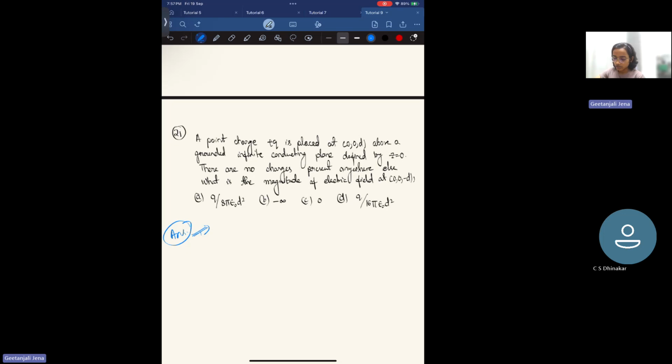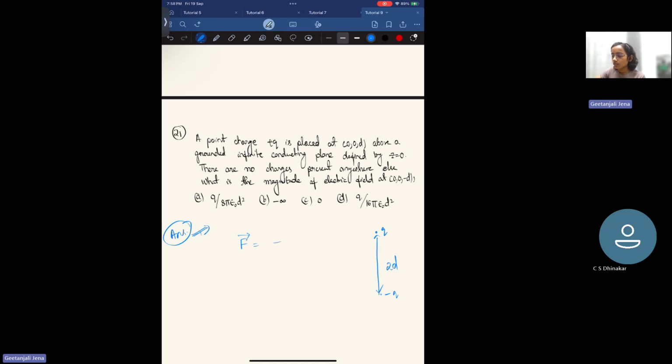So let us check. To find out the electric field, one thing you can do is find out the potential, then take the derivative of it. The other thing you can do is, if you know the force, then finding out the electric field is quite easy. So for this configuration, there will be one image charge, minus Q, and the distance between them is 2d, right?